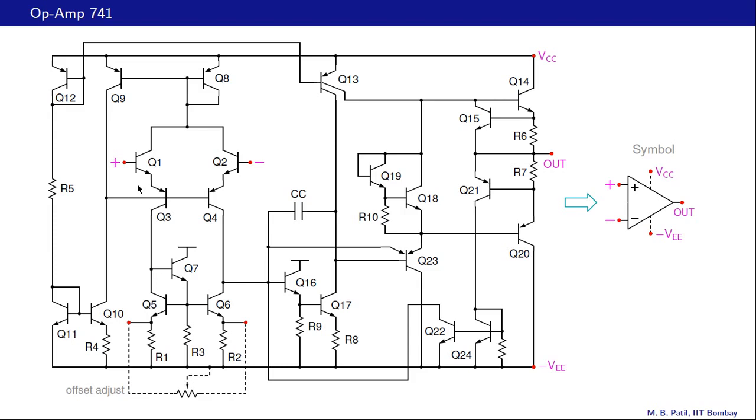And since base currents are small, they are smaller than the collector currents by a factor of beta, we often say that these input currents for an op-amp are negligibly small. In other words, we can say that there is a large input resistance between the input terminals of the op-amp. So this is a very important point to note, and when we analyze circuits, we will surely make use of this observation.